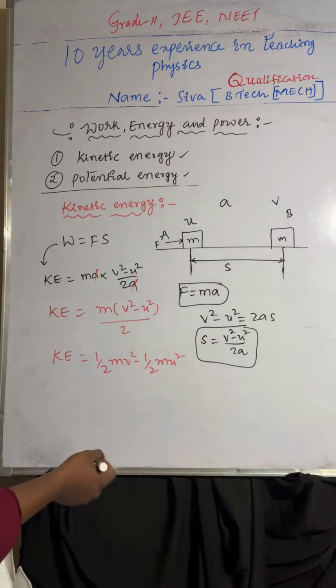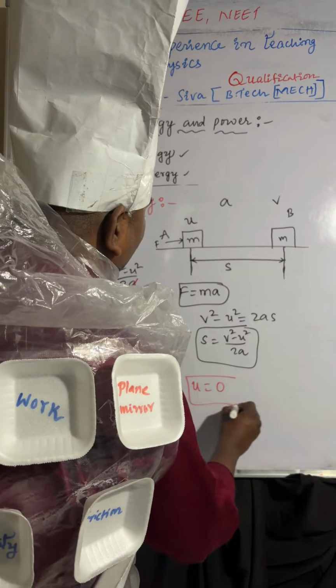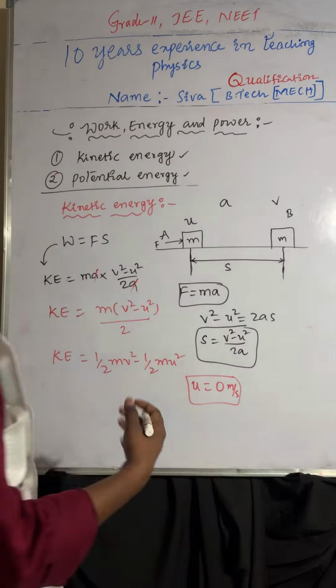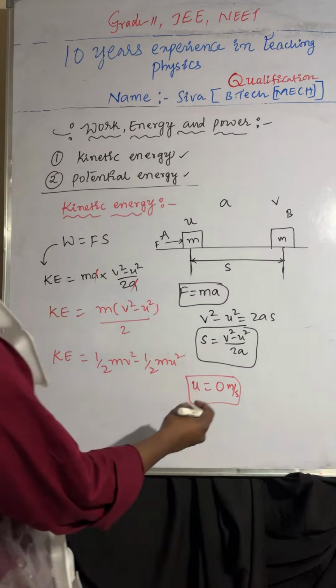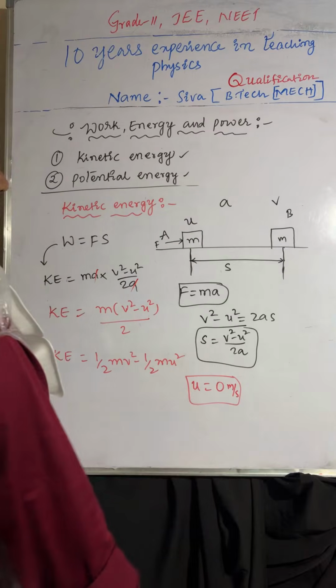If the body is starting from rest, the initial velocity is 0. Okay, it is very, very important. If it is mentioned in the problem that the body is starting from rest, it means the initial velocity is 0.